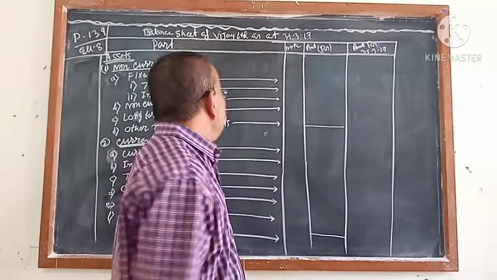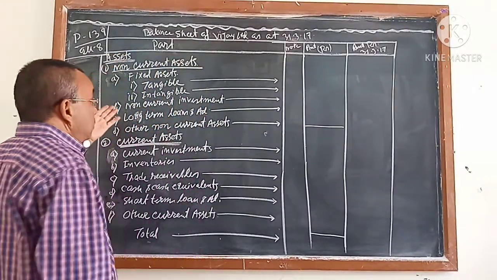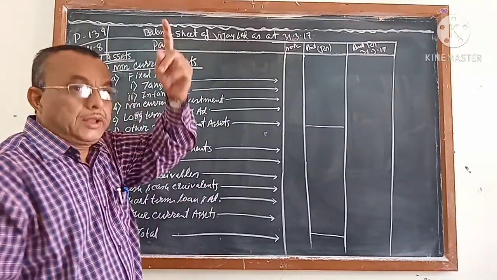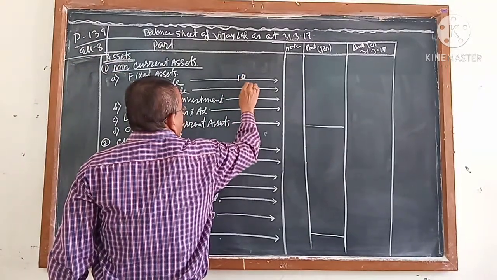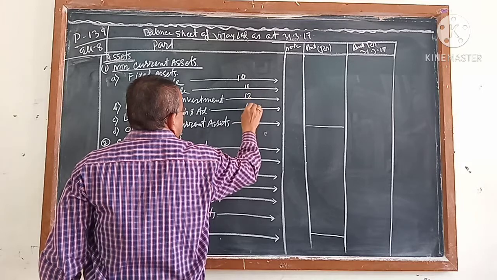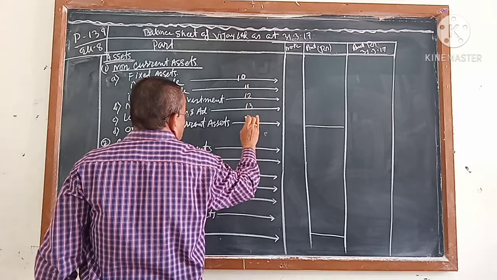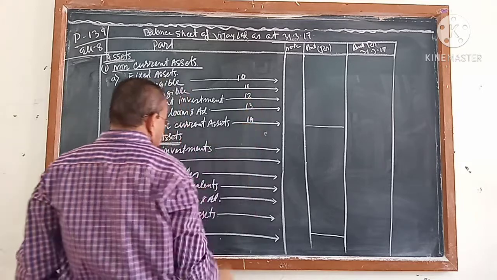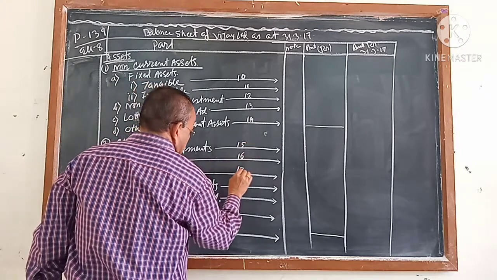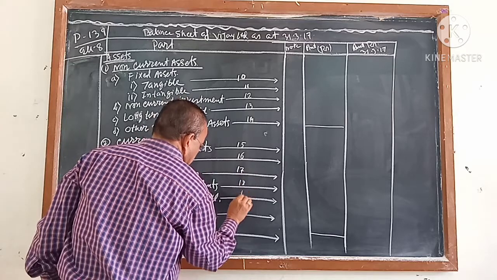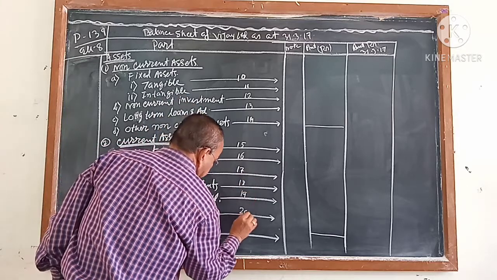Here, if I put the number, then also you can understand. Because 1 to 9 liability, then this is 10, this is 11, this is 12, this is 13, this is 14. Similarly, it started here, this is 15, 16, 17, 18, 19 and 20.